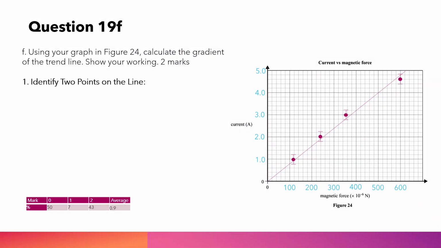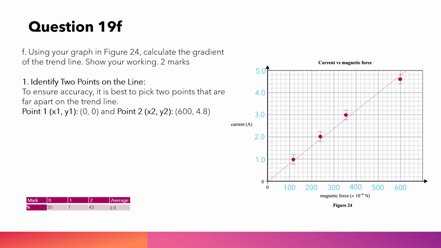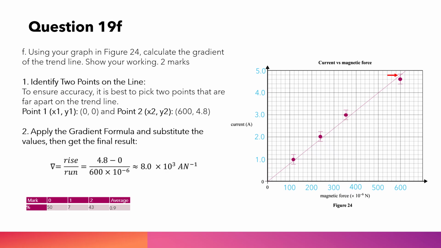Identify 2 points on the line. To ensure accuracy, it is best to pick 2 points that are far apart on the trend line. Point 1, x1, y1: (0, 0). Point 2, x2, y2: (600, 4.8). 2. Apply the gradient formula and substitute the values, then get the final result.